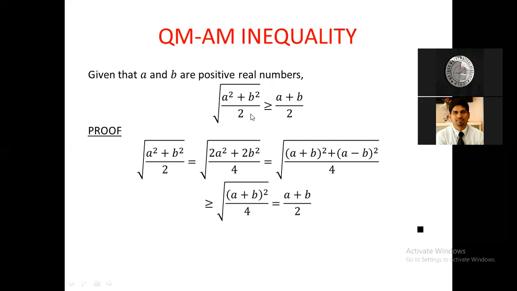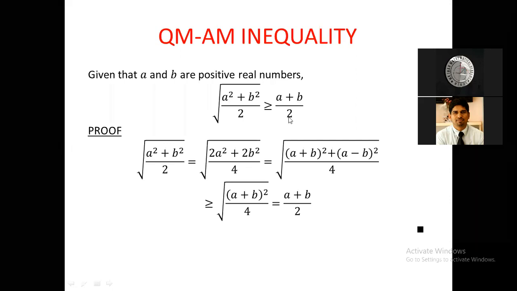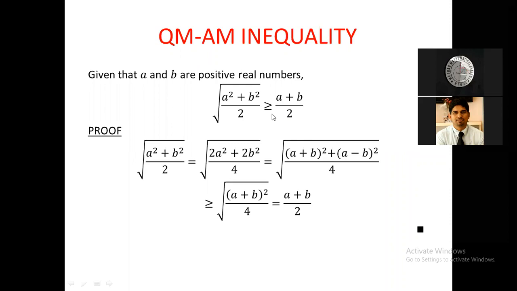The right hand side, clearly the sum of the values divided by 2, is obviously the arithmetic mean. So this is like saying given two positive real numbers, the quadratic mean is at least the arithmetic mean. Of course, at least means greater than or equal to. All right. So all we have here is that the quadratic mean of two positive real numbers is greater than or equal to the arithmetic mean of those same numbers.